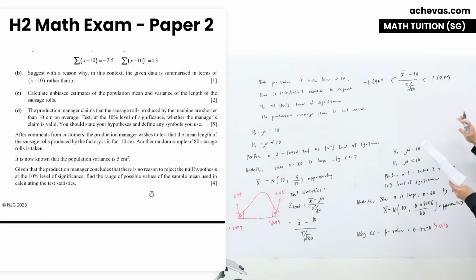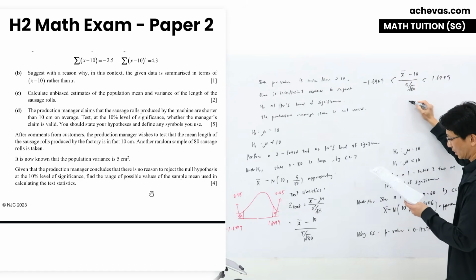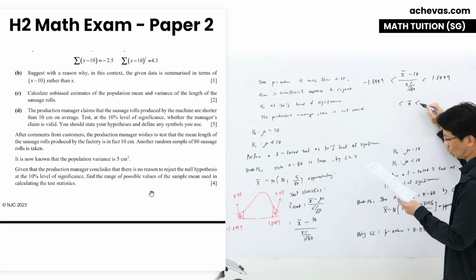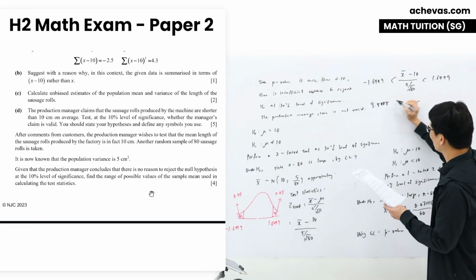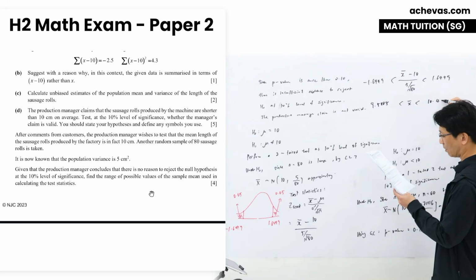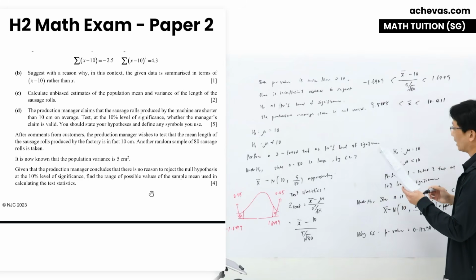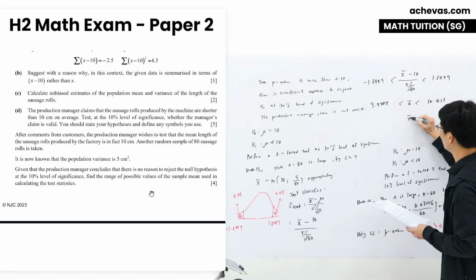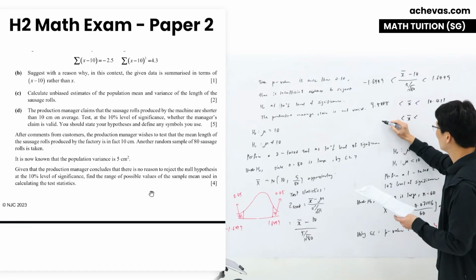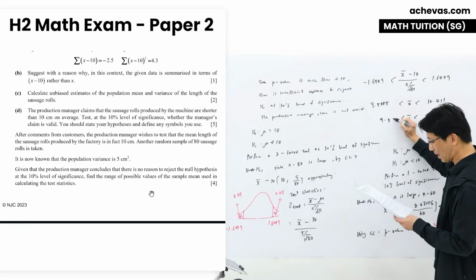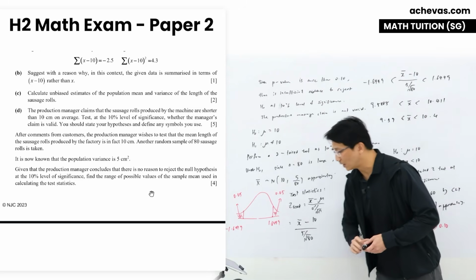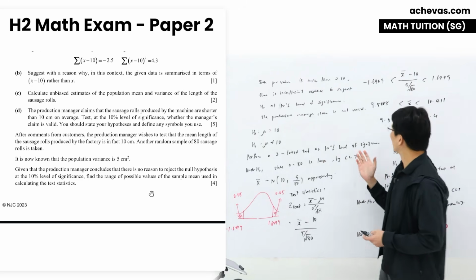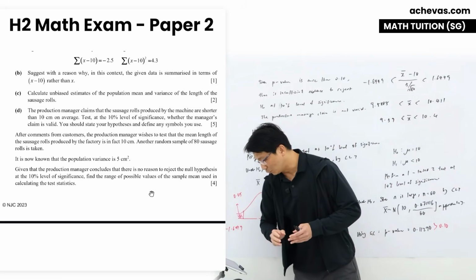If we simplify this, I end up with bar x between 9.5888 and 10.411. And if we give our final answer to 3 SF, it is between 9.59 and 10.4. So this is the final answer that I required for my bar x not to reject H0.